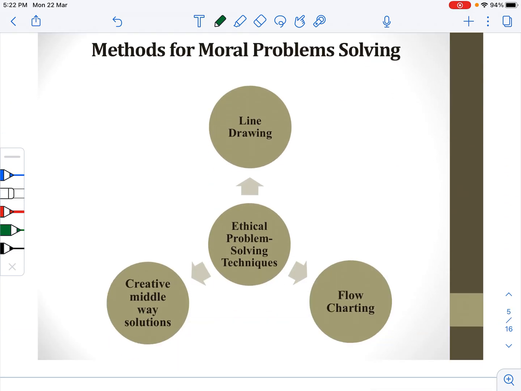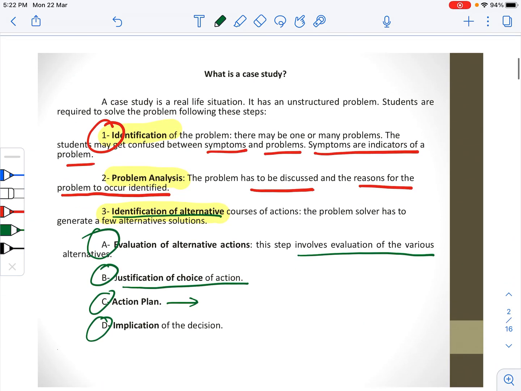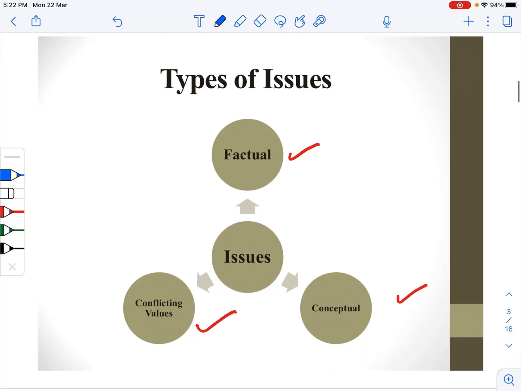So here, methods for moral problem solving. Let's go back to this. You have identification, and then the problem analysis, the reasons why it is occurring, and then identification of alternatives, which includes evaluation of alternative actions.